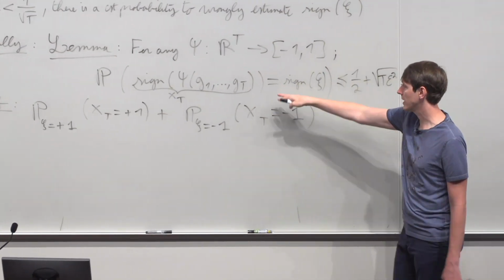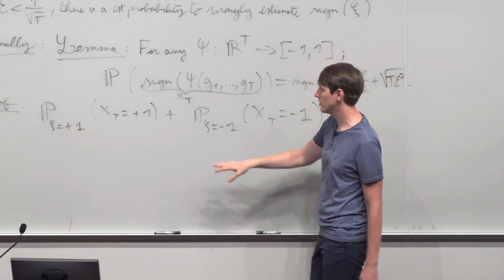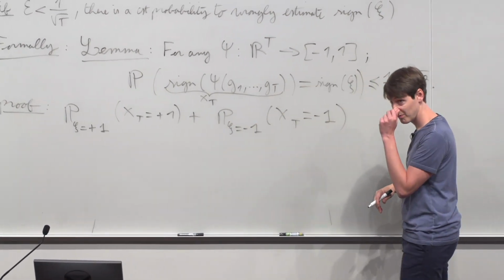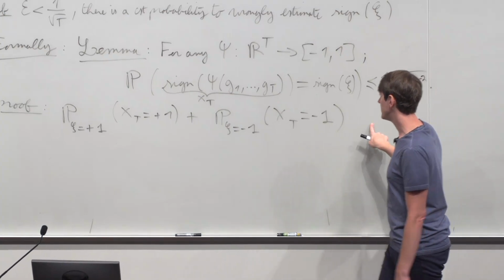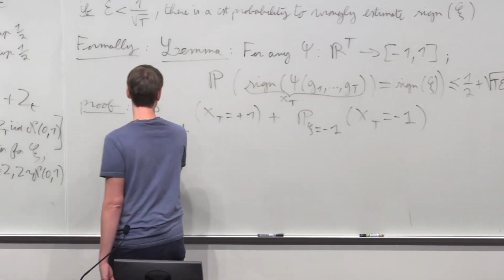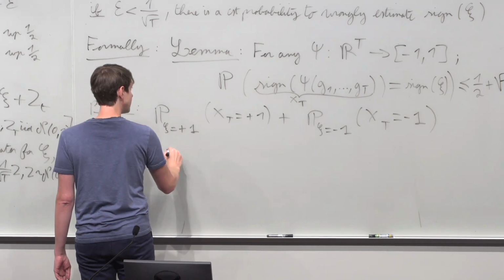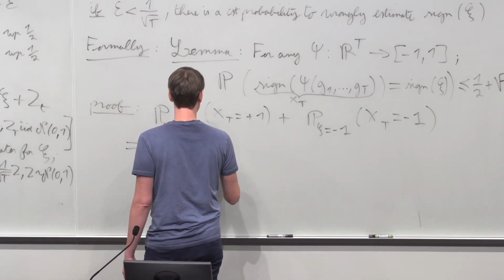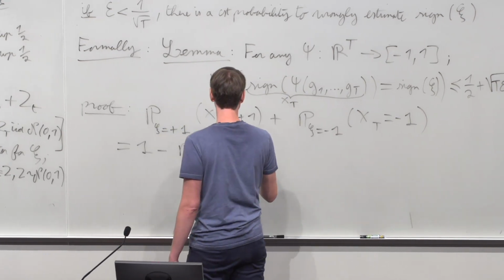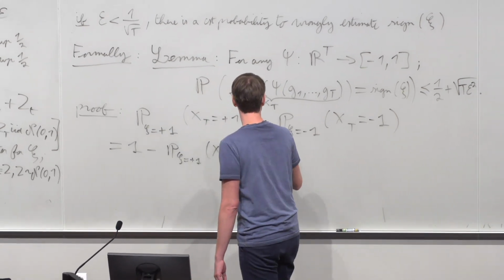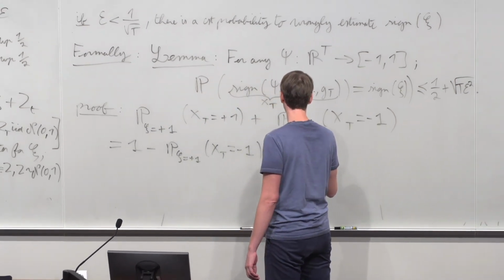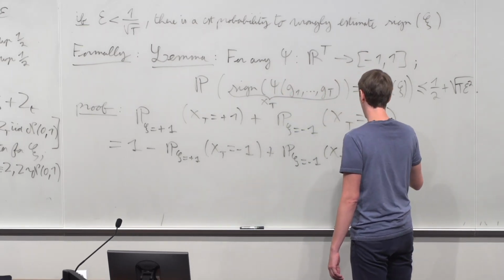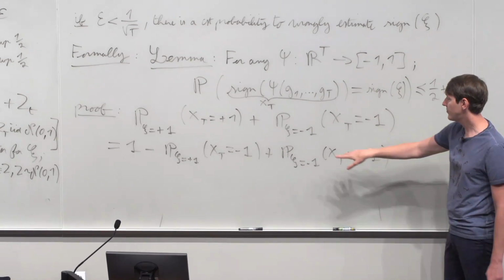Okay, so this is what I care about. I care about the average, 1/2 times this plus 1/2 times that. So what is this? This is equal to 1 minus the probability when xi is plus 1 that xt is equal to minus 1, plus the probability when xi is minus 1 that xt is equal to minus 1. Okay, so I'm just looking at the difference.